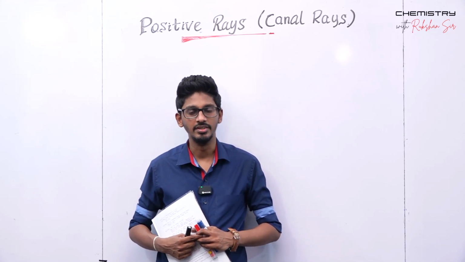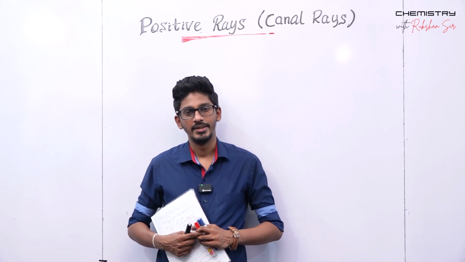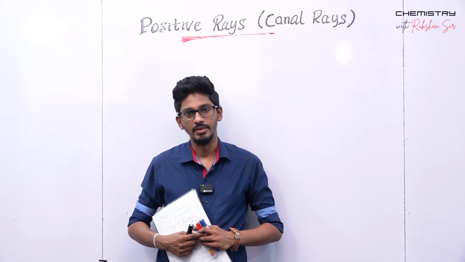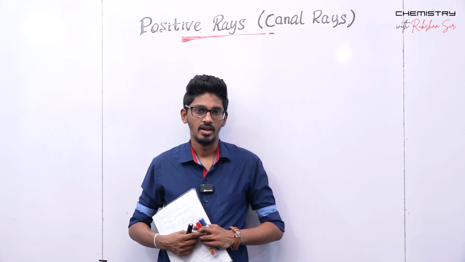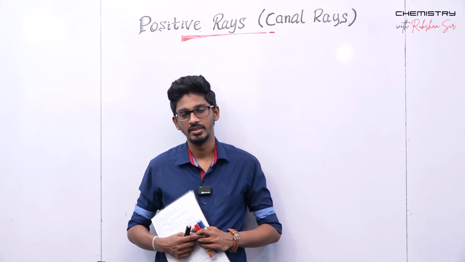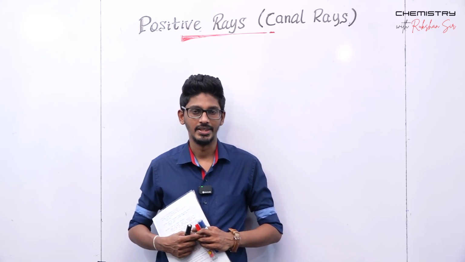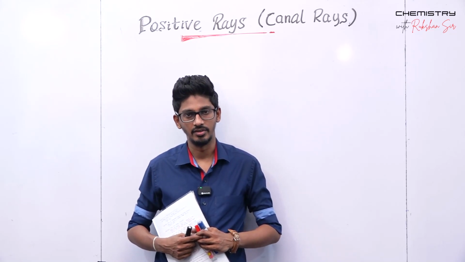The first evidence of these positive particles came through the work of Eugen Goldstein. Eugen Goldstein was the scientist who came up with an experimental setup for finding the positive rays.